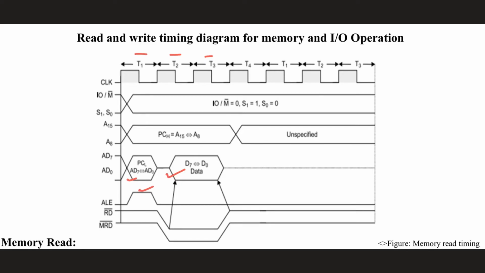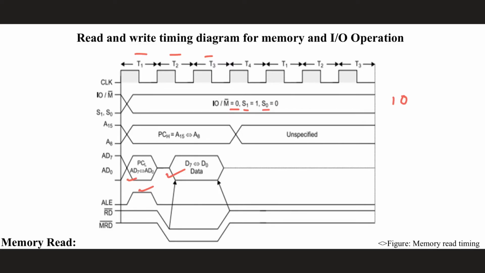As it is a memory read operation, the IO M bar signal will be 0. If it's an IO read, then in that case this signal will be 1. And the two status lines S1 and S0, the value will be 1 and 0 for memory read operation. S1 will be 1 and S0 will be 0.